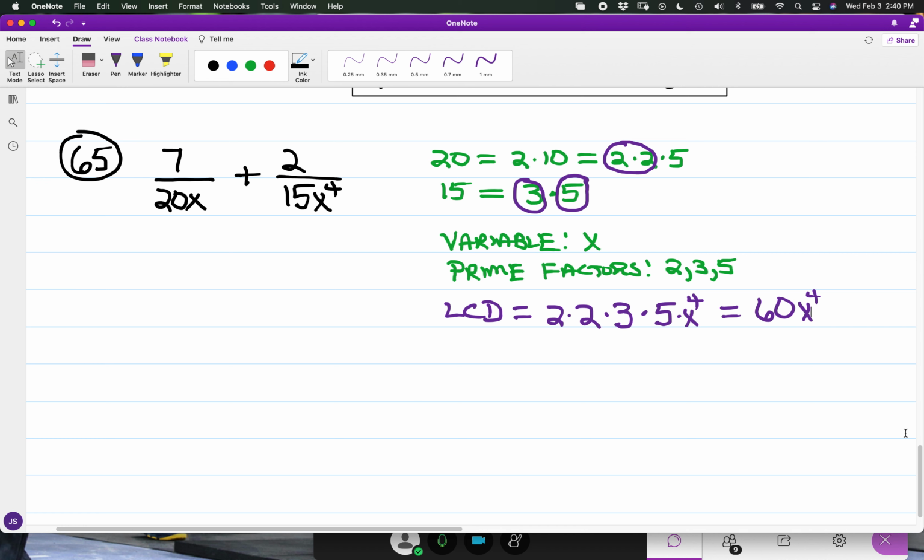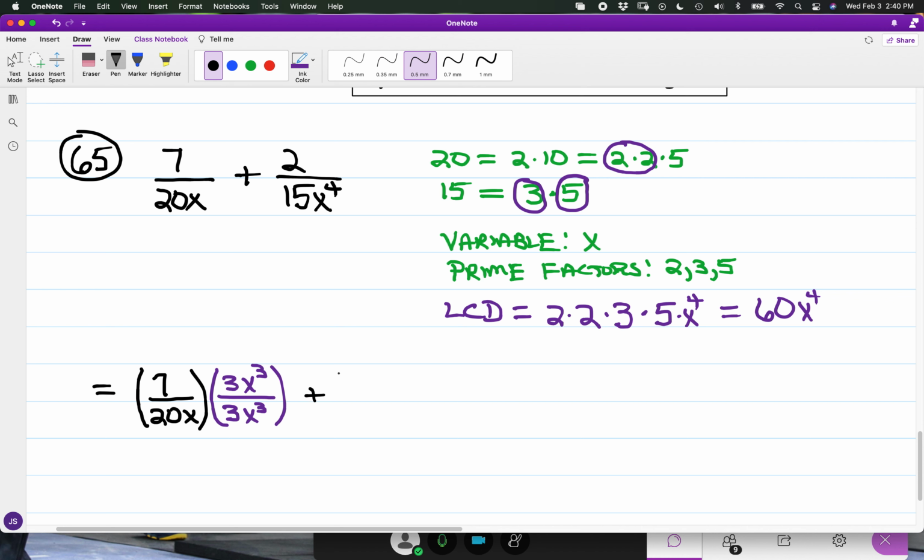So looking at combining these ratios together, I'm going to adjust both of these denominators to the least common denominator. For 7 over 20x, 20 will go into 60 3 times, and x will go into x to the fourth x cubed times. So we multiply by 1 in the form of 3x cubed over itself.